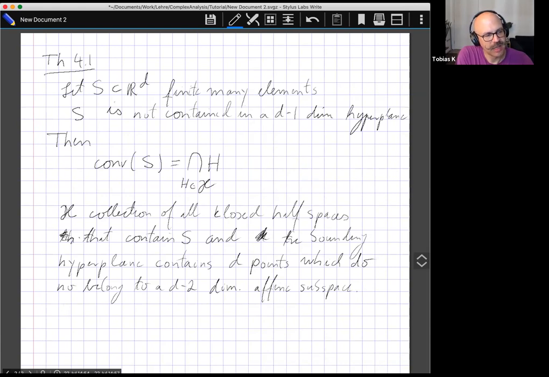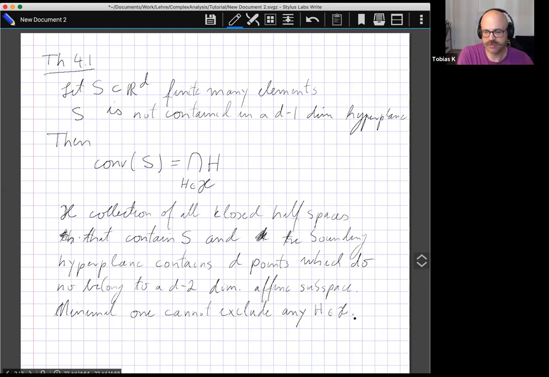It's minimal in the sense that one cannot exclude any H in the collection without destroying the equality.